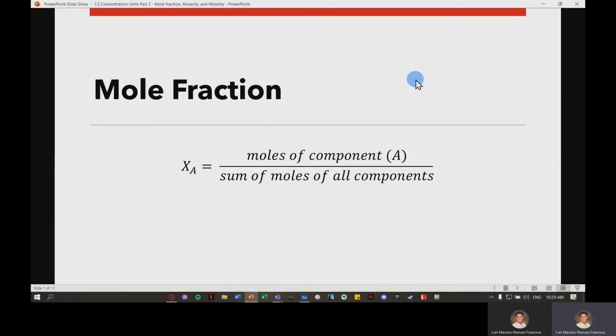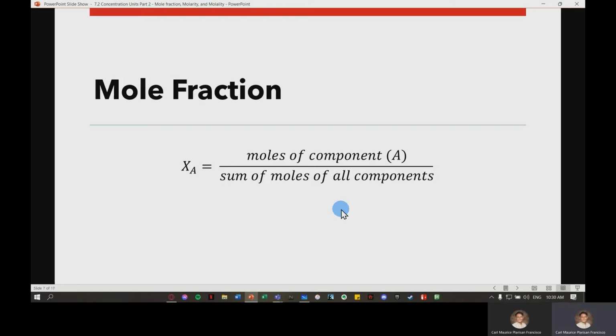Now, mole fraction is characterized by the equation: mole fraction of A is equal to moles of component A all over the sum of all moles of the components. Again, mole fraction of substance A, or whatever substance you are focused on, is equal to the focus substance all over the summation of all mole values of the components.